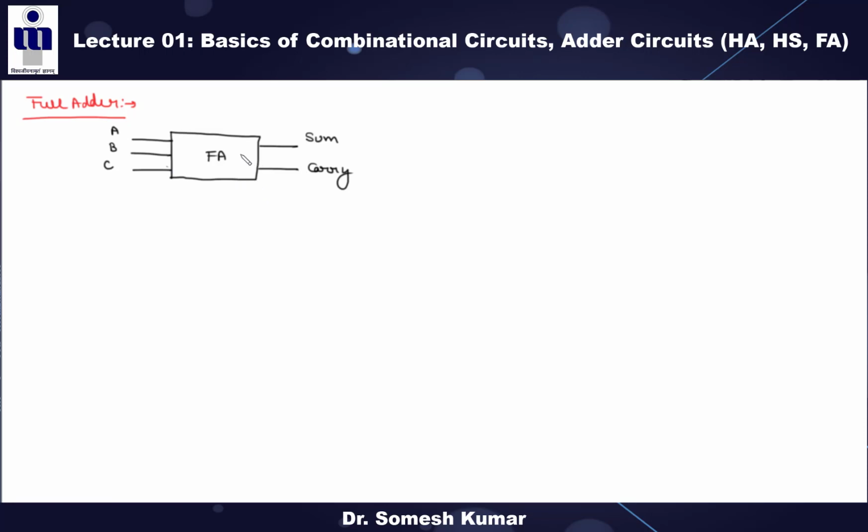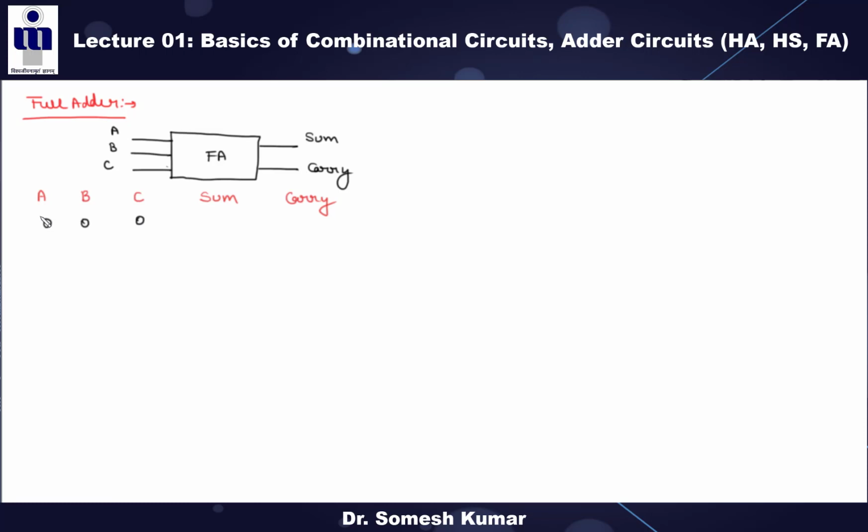The next step is to draw the truth table. If there are three inputs, how many combinations? Eight. Start from 000.